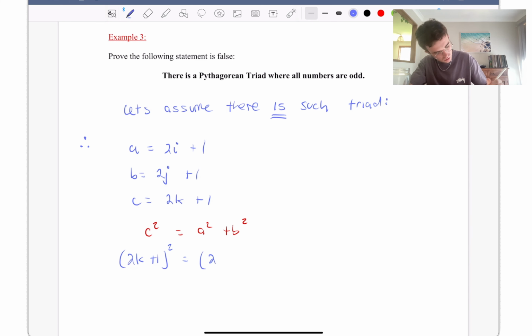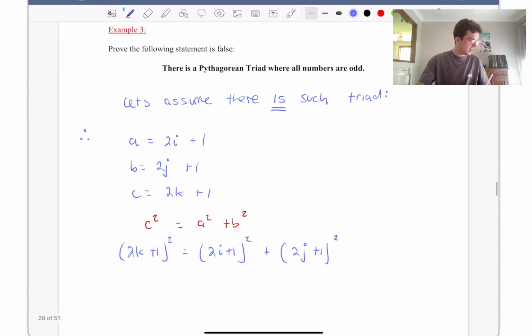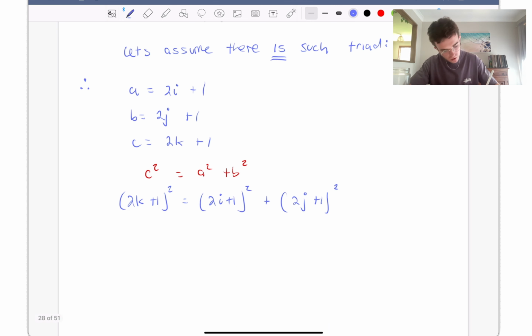Is equal to 2, what did we say A was? 2i plus 1 plus 2j plus 1 squared. If we expand all of that, we're going to get 4k squared plus 4k plus 1.